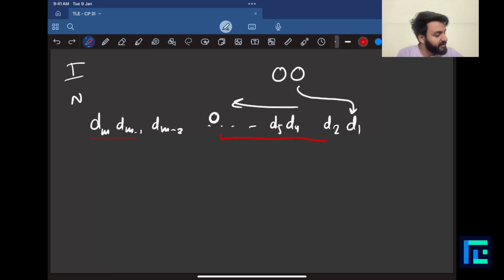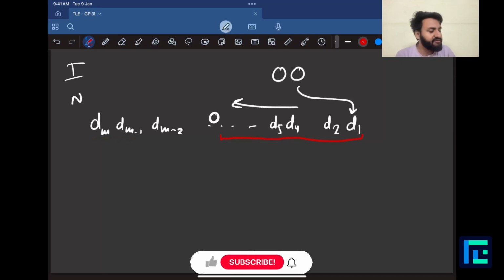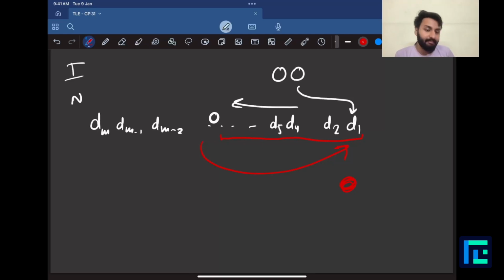If I remove everything from here to here, that is everything from the right up to the 0, then the 0 will automatically make its way to the ones place and land at this ones location. That makes sense because now I know 0 has landed at D1. So now I have fulfilled 50% of what I wanted to create at the last two locations. One last location has checked off my parameter. I wanted it to be a 0 and yes, it is a 0.